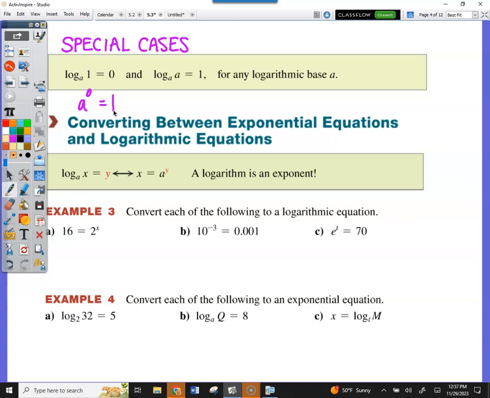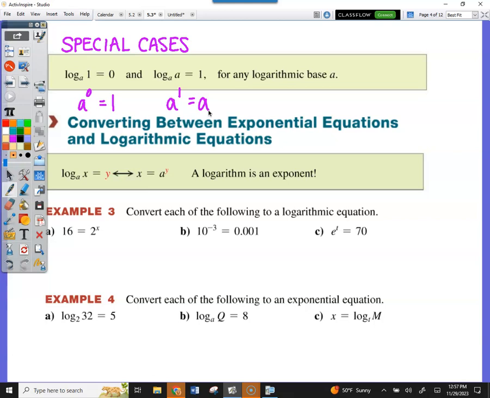So think about it in terms of an exponent. This one here is saying base A to the 1 is A. When the base and the of part match, the answer is 1.